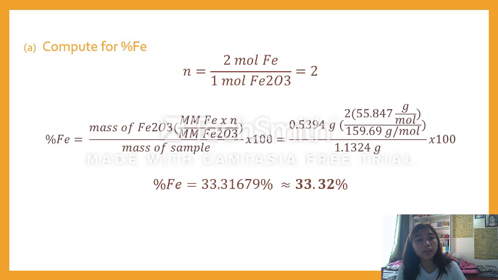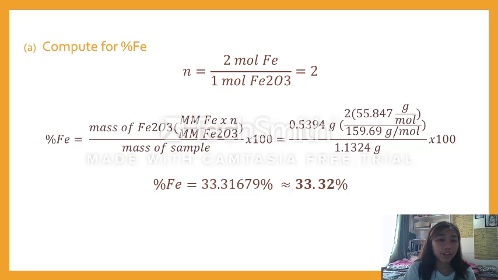So for computing the percent iron, first let us determine the gravimetric factor. Let us first determine the N. So pila man ka iron ang naa sa Fe2O3? Di ba duha? So mao na tong N kay 2.